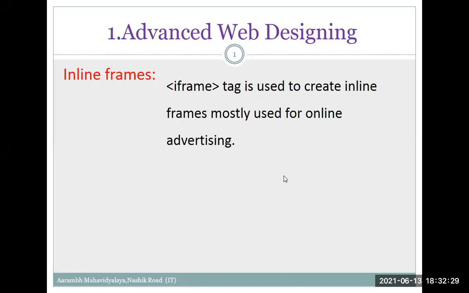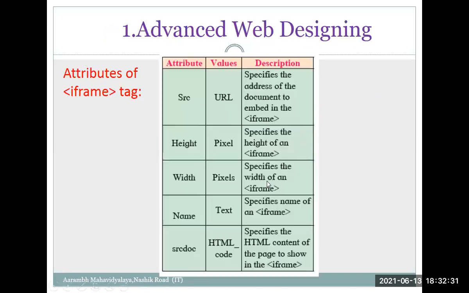Then you also studied the different types of attributes of the iframe, such as SRC, that is source, height, width, name, and SRC doc. SRC means the file which we are going to display in the inline frame, that is the iframe.